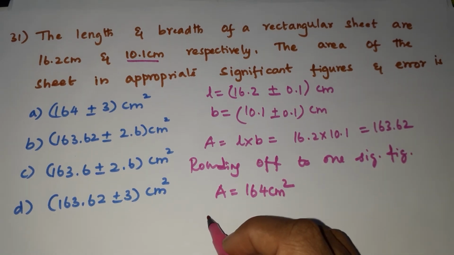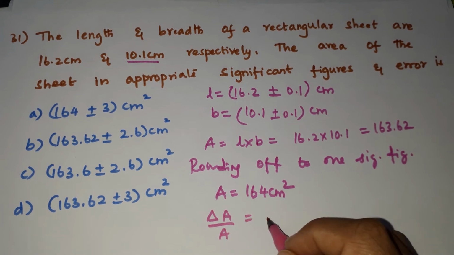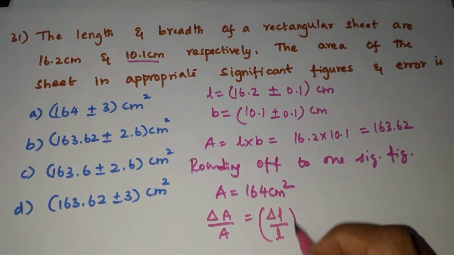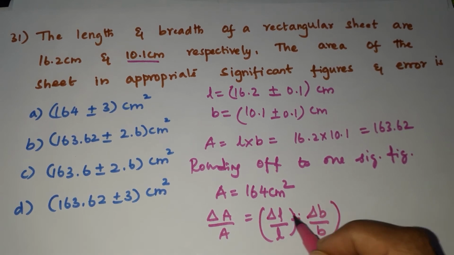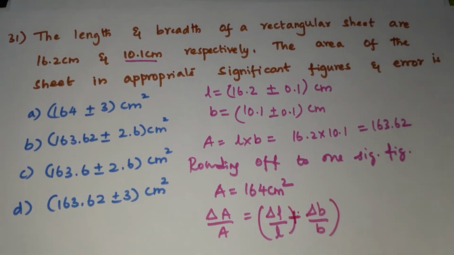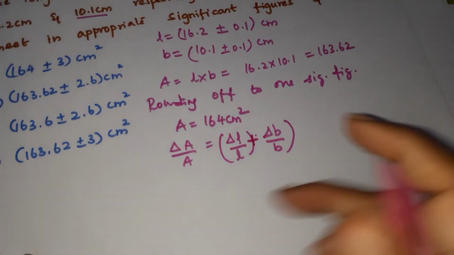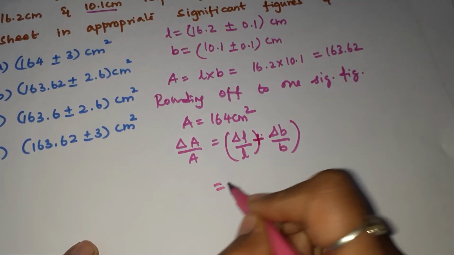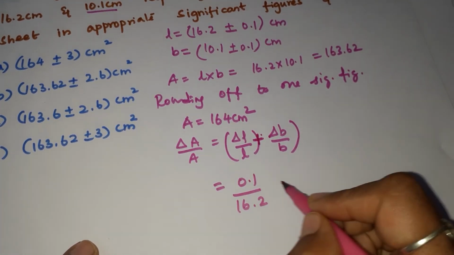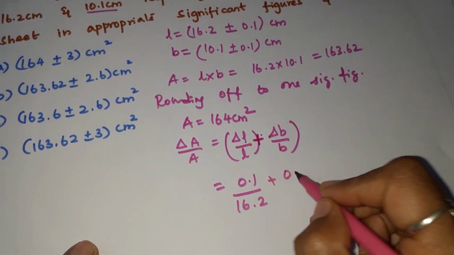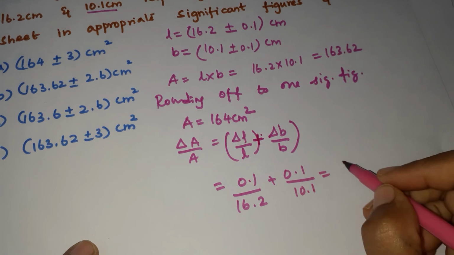So what formula will we take? del A by A is equal to del L by L plus del B by B. From this, del L is 0.1 by length 16.2, plus same way del B is 0.1 by breadth 10.1.